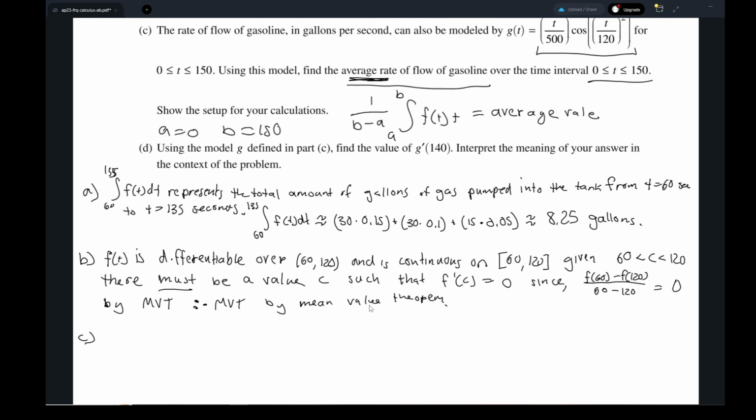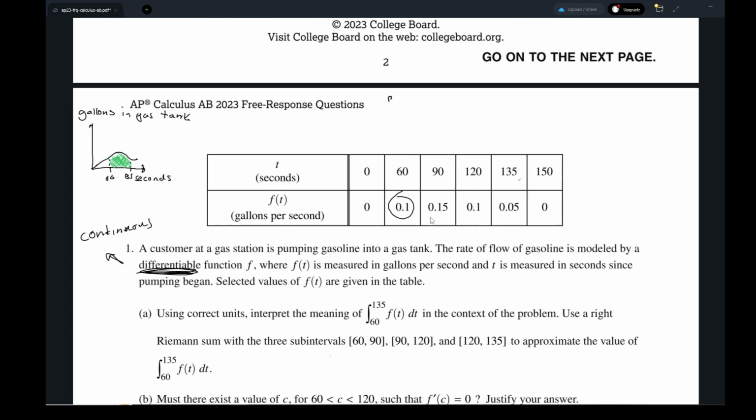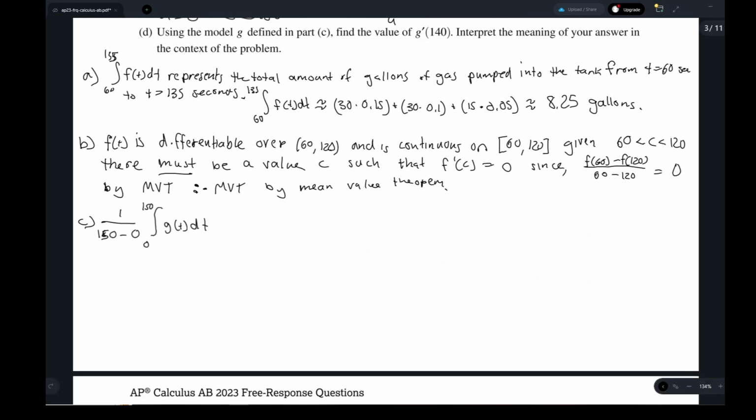So when I write my work and set up my calculations, all I have to do is 1 over 150 minus 0 of the integral from 0 to 150 of g of t dt. That's all. Make sure you match it up, and then I could just draw an arrow and simplify this to 1 over 150 times the integral from 0 to 150 of g of t dt.